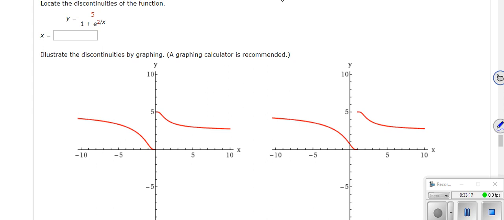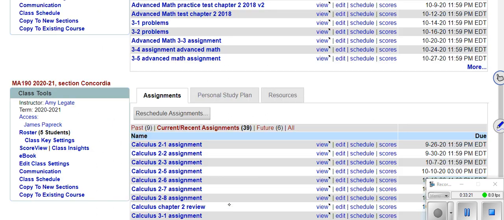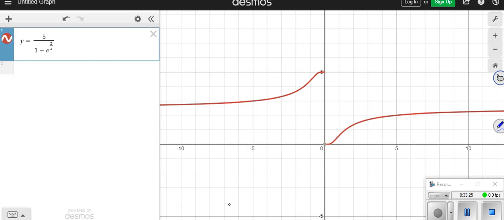So I actually did this in Desmos. I just wanted to show you guys. That's the one. So I graphed this in Desmos so you could tell which one it was. What's the point of discontinuity? Now, one thing I wanted to point out in Desmos, that point right there is filled in. That's 0, 0.